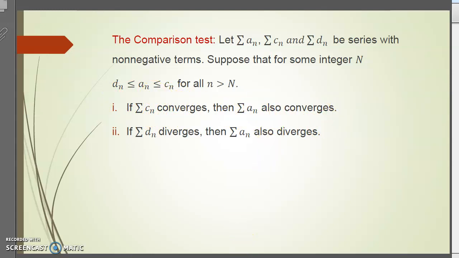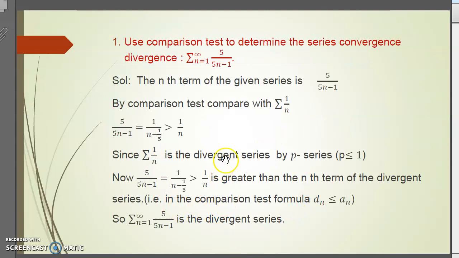By applying this rule, we know that summation 1 by n is divergent. At the same time, the given series is also divergent, because when comparing with summation 1 by n, we know from the p-series that it is divergent. So the given series is also divergent.